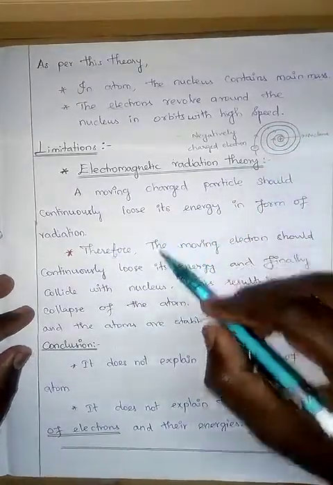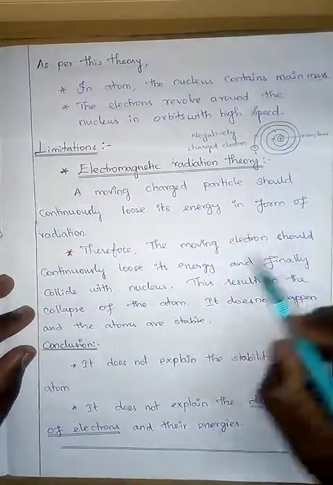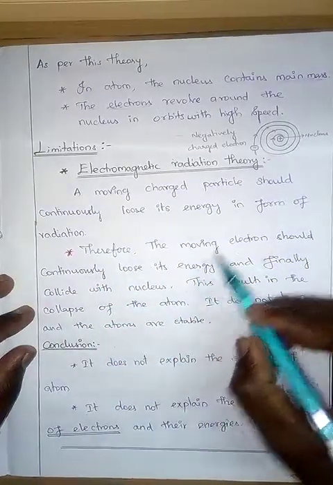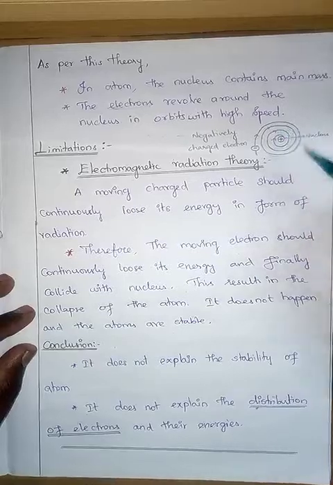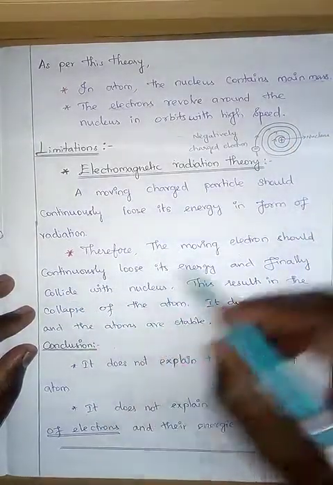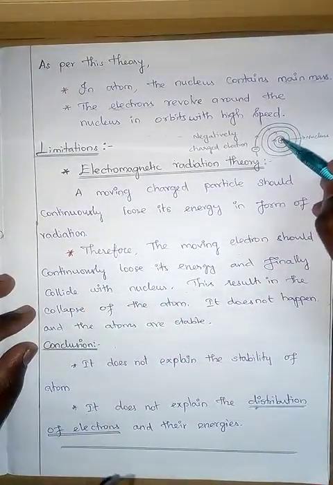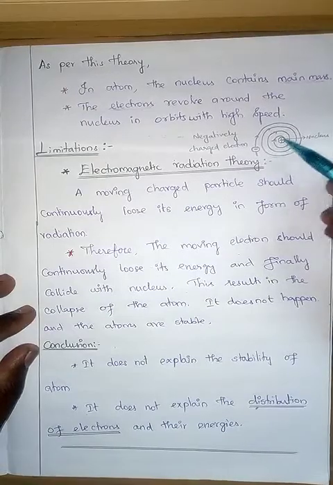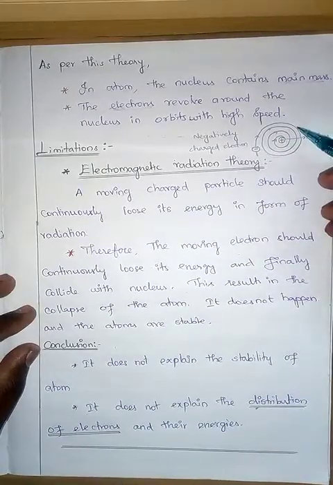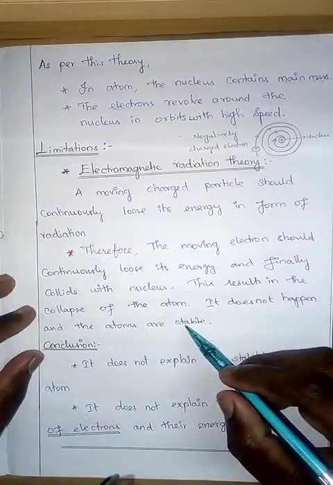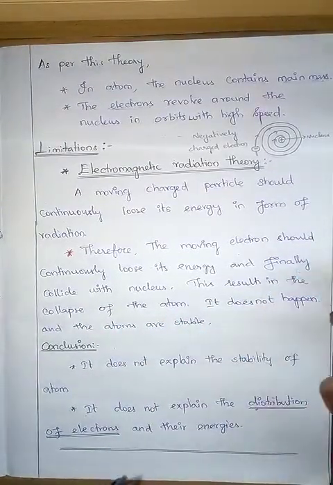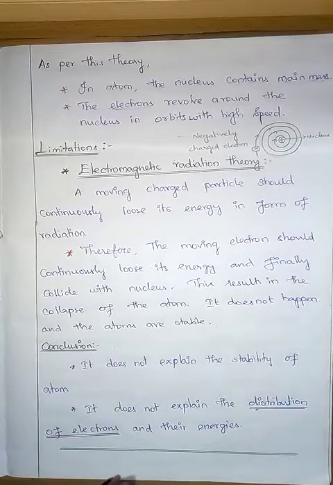So apply this concept here. Therefore, the moving electron should continuously lose its energy, right? So the moving electron in an atom continuously loses energy and finally collides with the nucleus. By losing all the energy, it will fall into the nucleus and the atom becomes unstable. As a result, the collapse of an atom will take place. But in general, all the objects we see are made up of atoms which are stable.